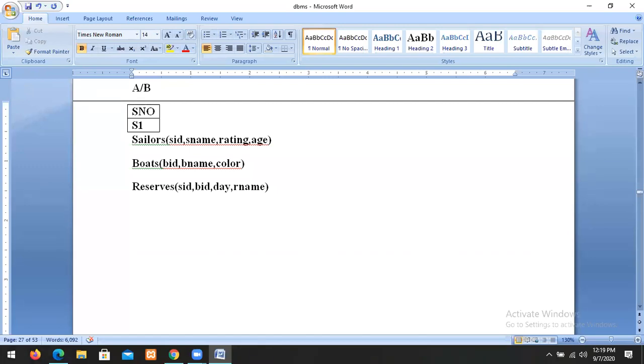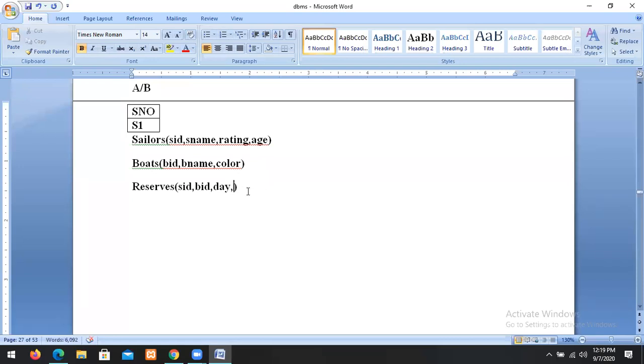So they will give some tables like this and ask queries. We only need SID, BID, day. No need of R name.